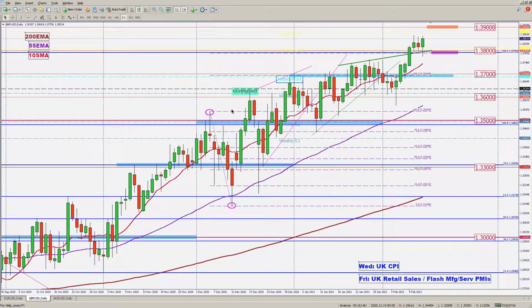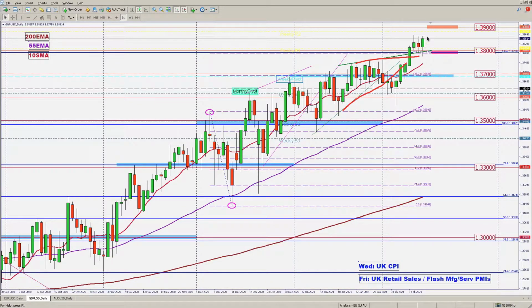Let's go to the cable. Cable has found strength over the last couple of weeks as it drove past 137, and then last week through 138, finding support at 138 now, and above this trend line, which was part of an ascending wedge formation here.